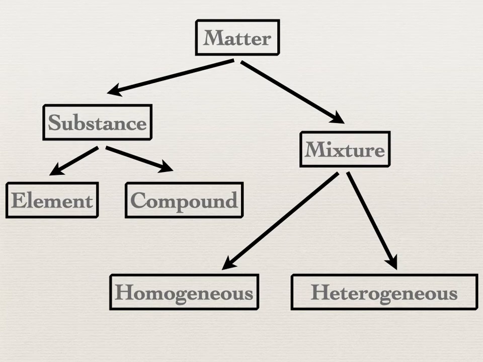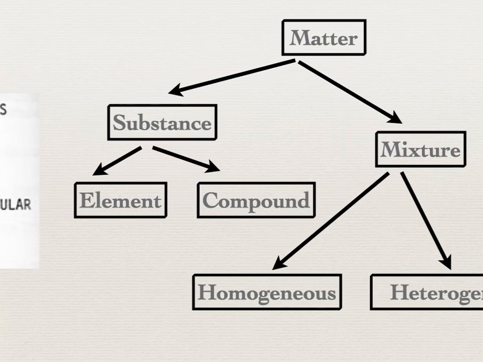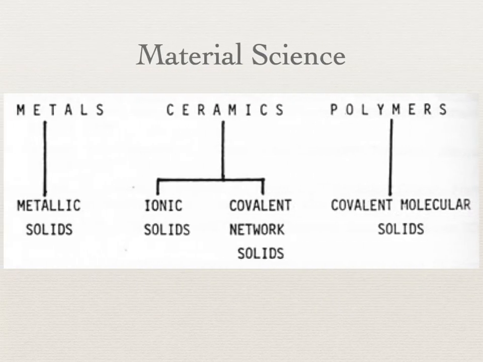Now, this is not the only classification of matter that can exist, both in a formal technical sense of other fields of study that use different classifications, and in your day-to-day life, you are going to classify matter into forms either consciously or unconsciously. But we could look at another area of science that might classify matter a little bit differently. So material science, which is about what materials are good for particular applications.